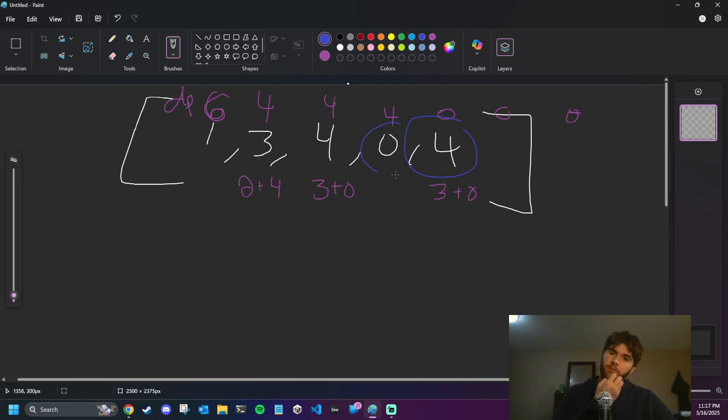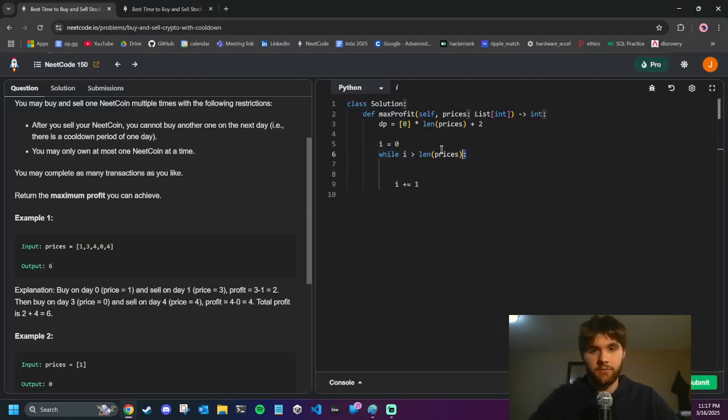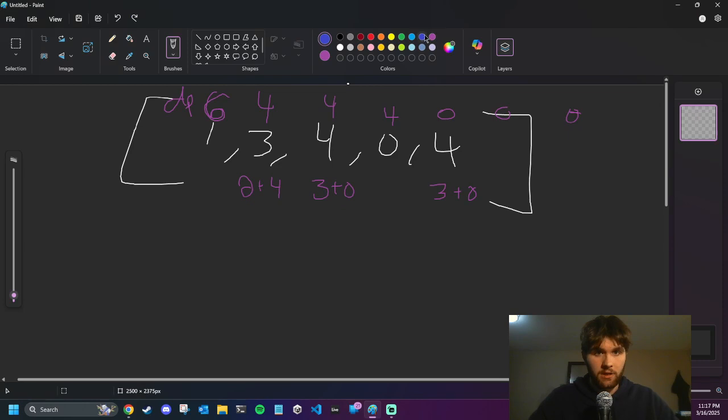I think maybe I just do a for loop, and then inside will be the while loop. Let's try that. So for i in range length of prices minus 1, minus 1, minus 1. So that will loop through it backwards, starting here.